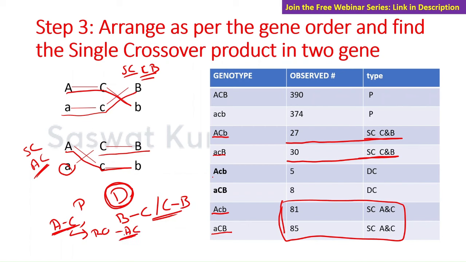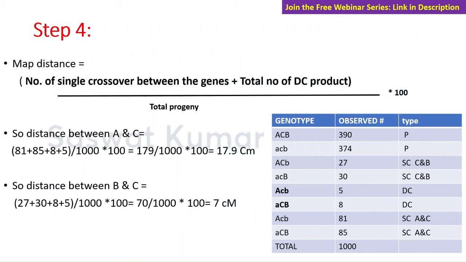So how many recombinant offspring will be produced from A to C? The single crossover product between A and C, and also the double crossover product, because in double crossover we also have recombination between A to C. So what will be the formula here? The map distance is the number of single crossover products between these genes plus the total number of double crossover products, divided by the total number of progeny, into 100.